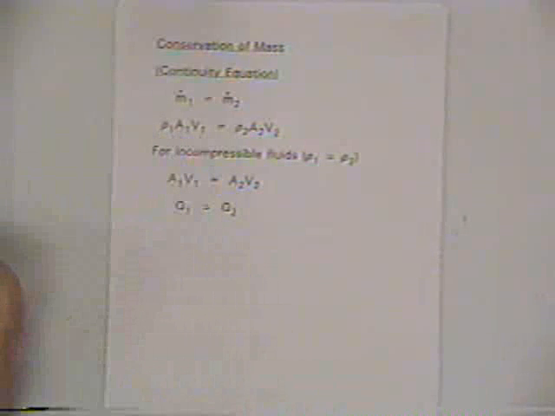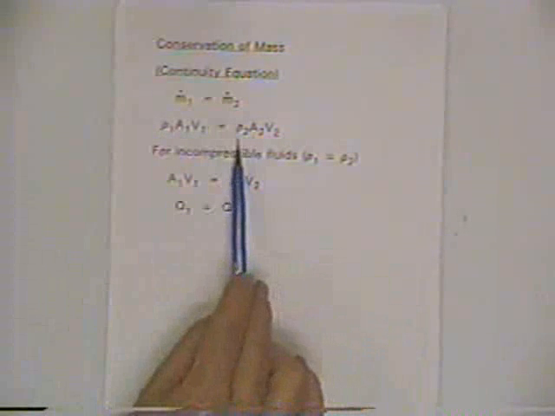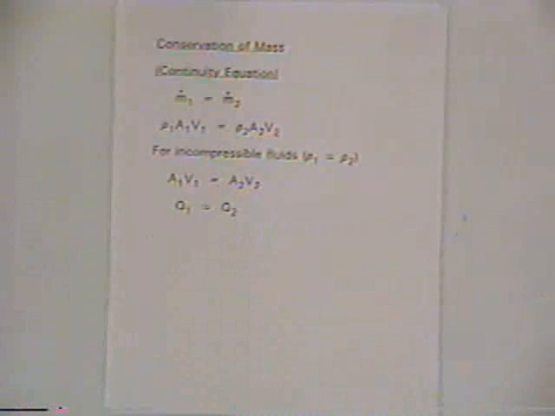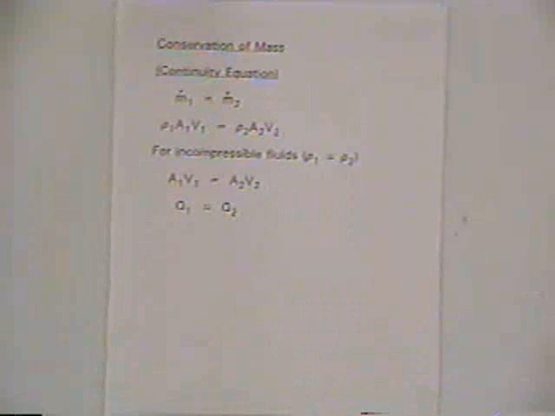And so whatever mass is coming into the control volume, the same mass is leaving, assuming no change in storage, a steady flow situation. For incompressible fluids, and in most applications, of course, gases are very compressible, the densities change with pressure. But for most engineering applications of liquids, we assume incompressible fluids. The densities are constant with pressure.